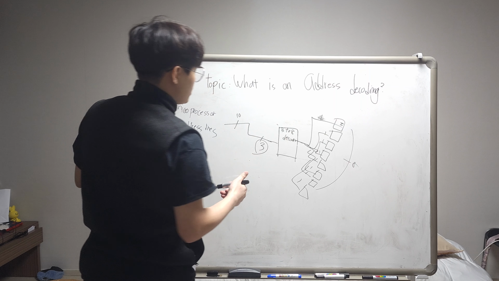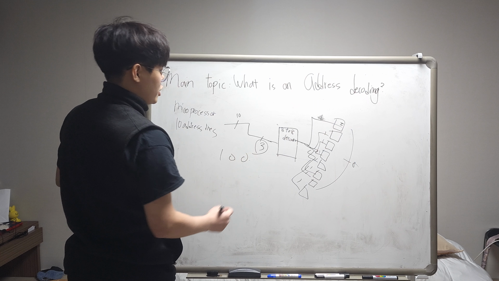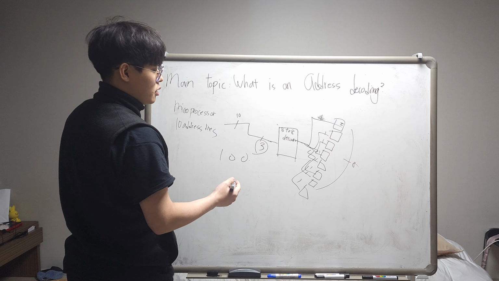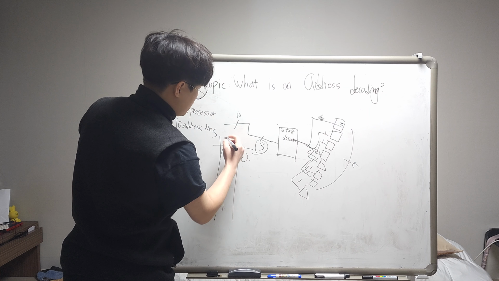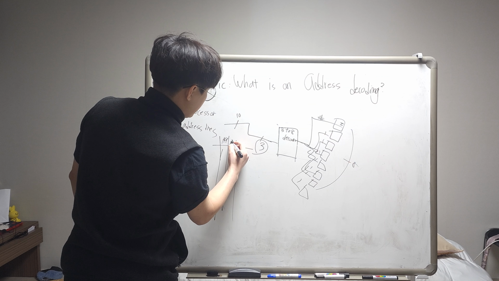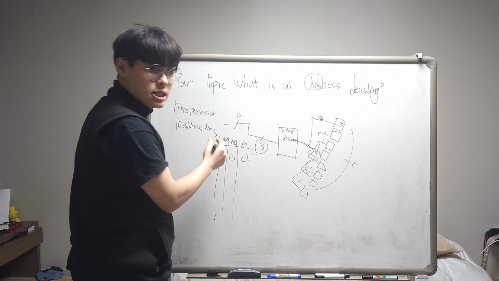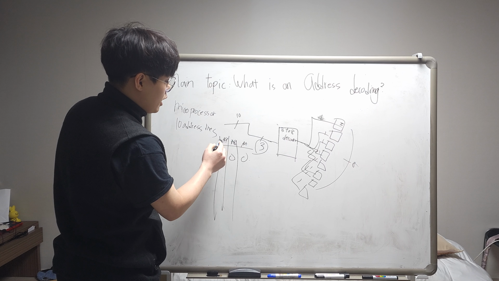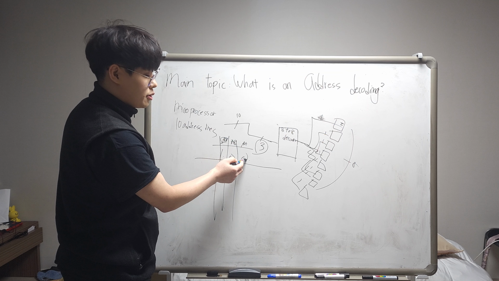The question is, you're given 1, 0, 0 as input. This is A9, A8, A7, where A stands for the address lines, right? And you're given 1, 0, 0 as the value.